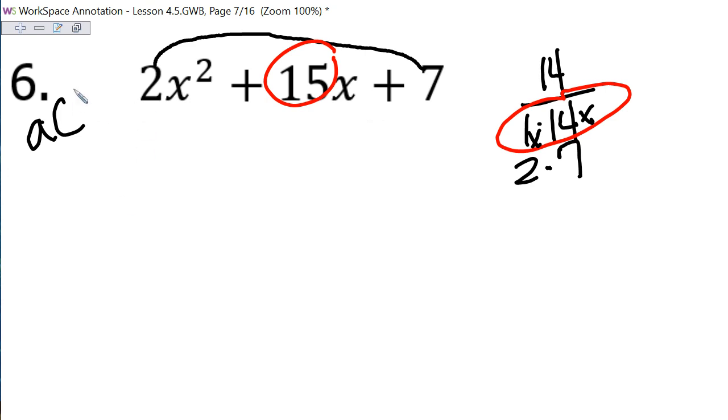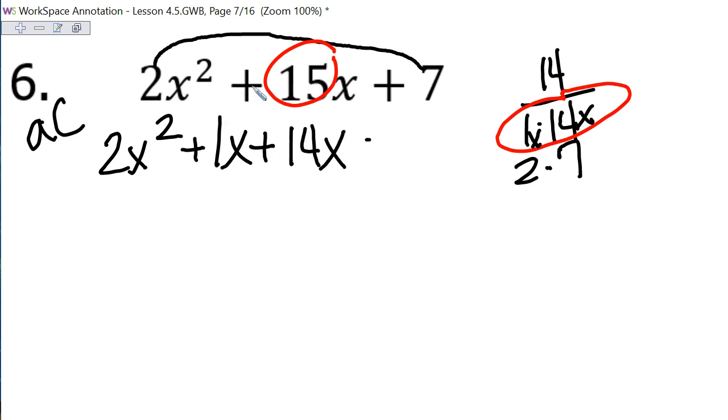So bring down the 2x squared. Break up the 15x with our two numbers. So we're going to have a 1x and a 14x. Then drop down the last number, the constant 7. So we're splitting up the 15x with 1x and 14x, and the 1 and 14 came from our list.